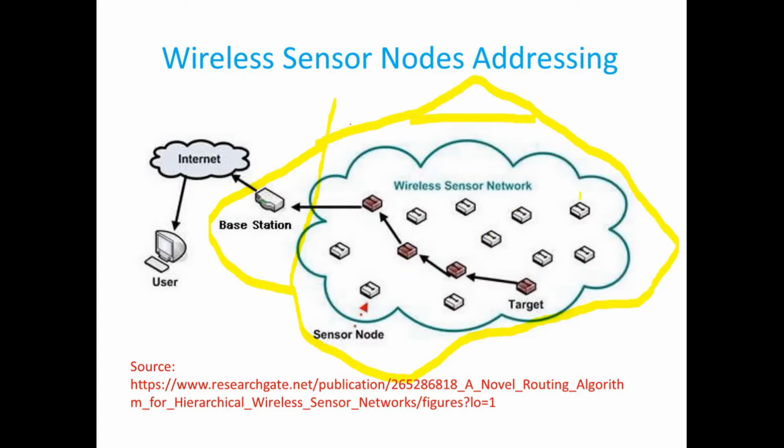Okay, as we can see, a wireless sensor network consists of small systems called sensor nodes. These systems will communicate among each other to report some events. For example, you can use this to monitor the traffic in some area, monitor the temperature of the jungles, or any other application.